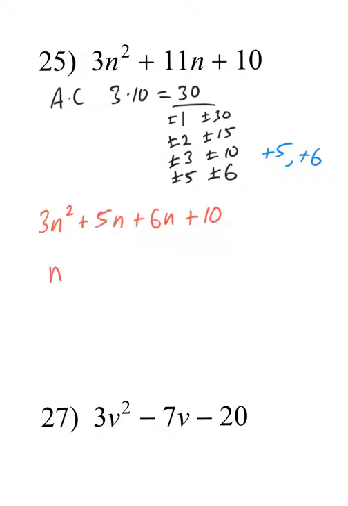I'm going to take an n out of the first piece. Out of the second part, I'm going to take a 2. And now I'm ready to write my final answer.